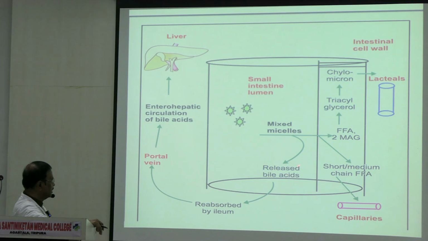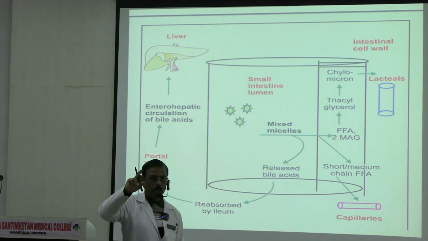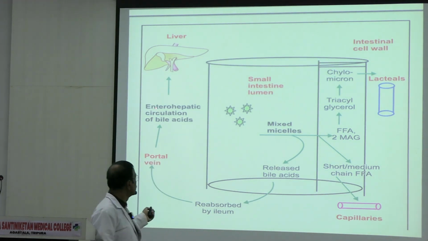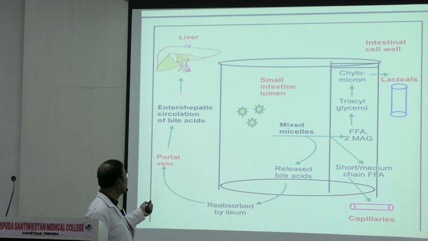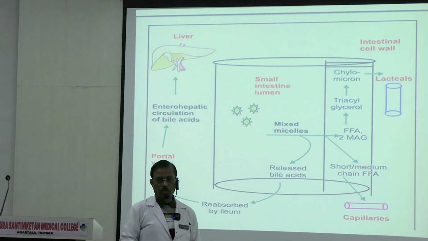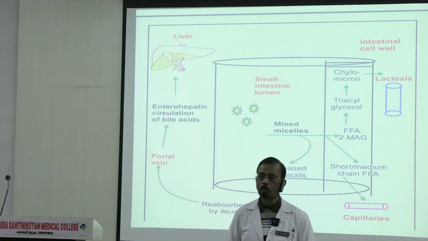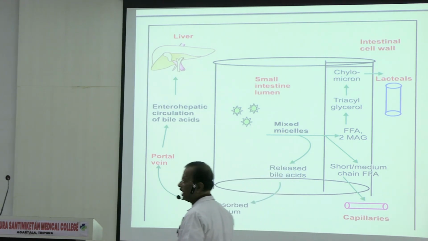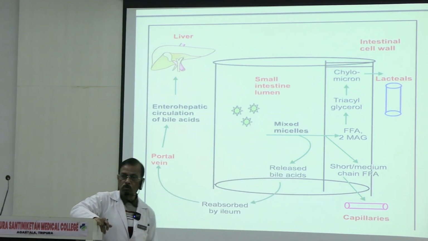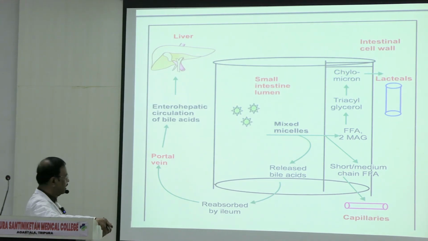Bile acid is released in the lumen. It is absorbed from the terminal part of the ileum, reabsorbed, and circulated to the liver again. There it stimulates bile secretion again. This is called the enterohepatic circulation of the bile salts.